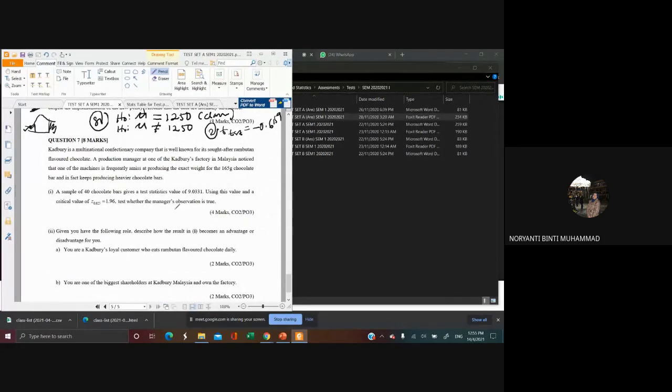Cadbury is a multinational confectionery company that is well known for its sought after rambutan flavor chocolate.